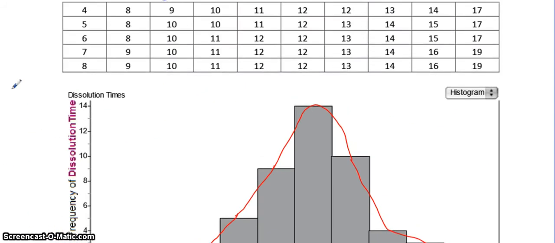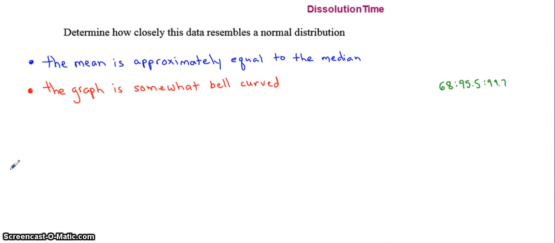The mean is 11.8 and the standard deviation is 3.32.